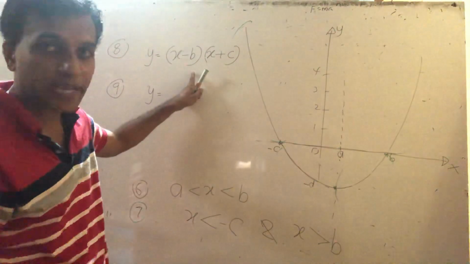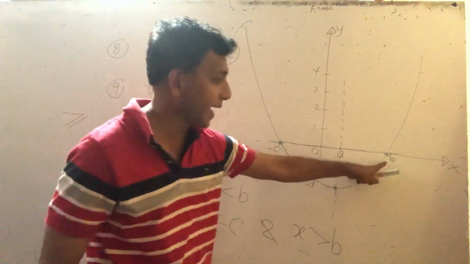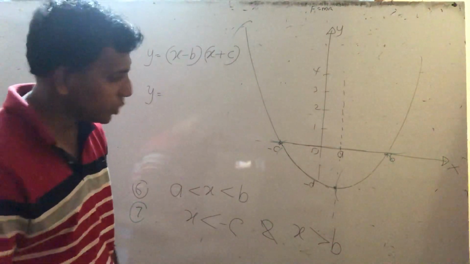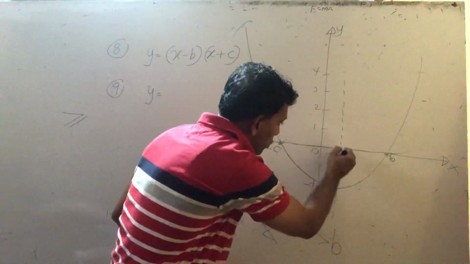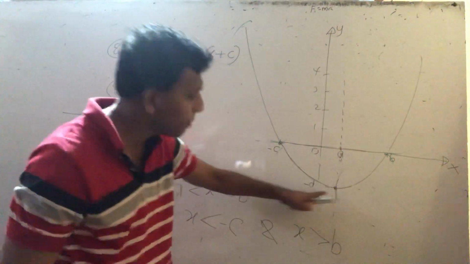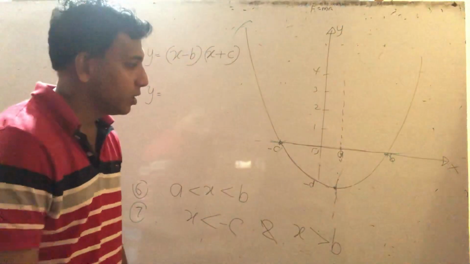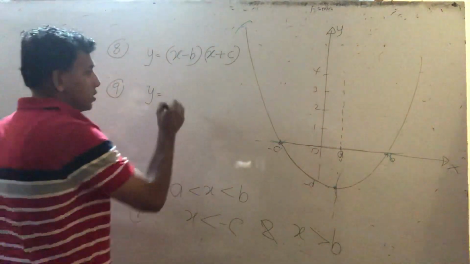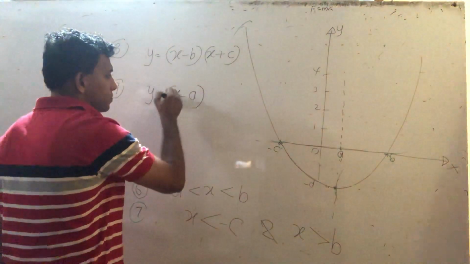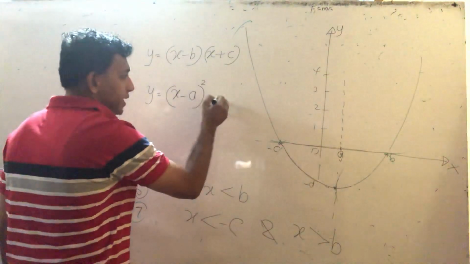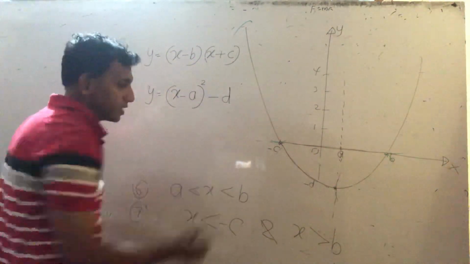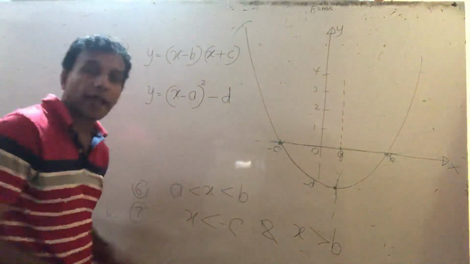First I said the intersection pattern, where the graph cuts the x-axis and we can collect it. And now see another pattern using the symmetric value and the minimum or maximum. That is like this: y equal x minus a squared minus d, where d is the minimum.